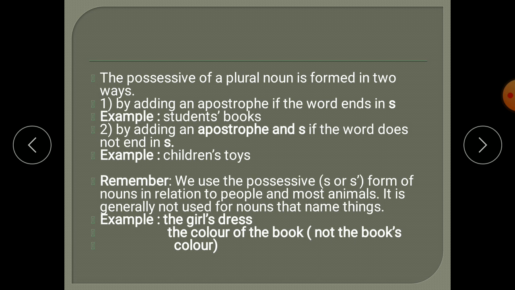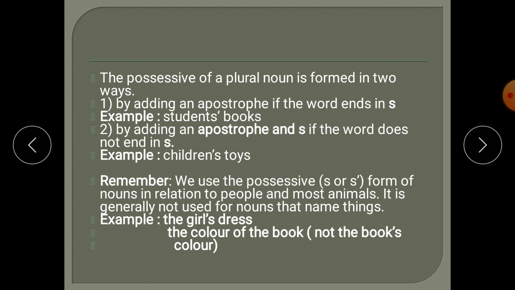Children, remember, we use the possessive apostrophe s form of nouns in relation to people and mostly animals. It is not used for nouns that name things. Like we can say the girl's dress. Here we are talking about the dress of the girl, so we will put apostrophe s with the noun girl.